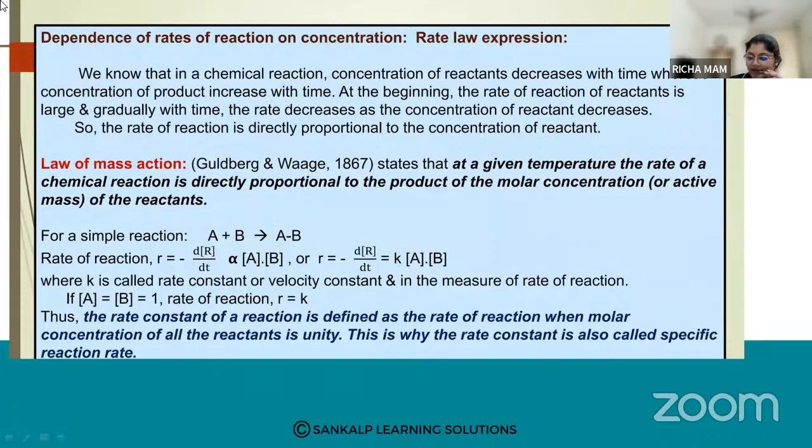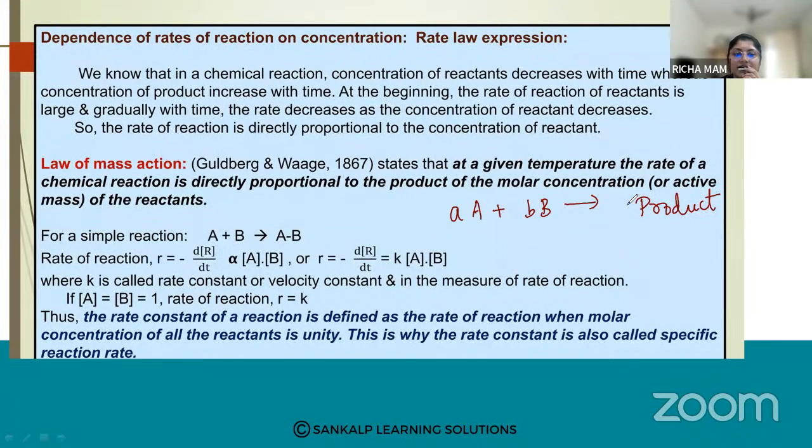According to the rate law, the rate of the reaction is represented mathematically with a mathematical expression which gives the rate of reaction. Suppose let us consider A plus B giving product.